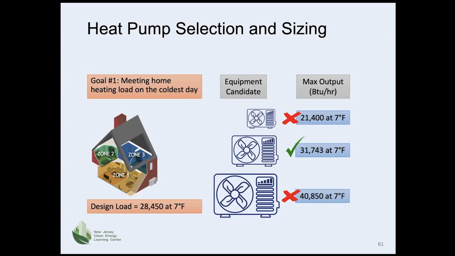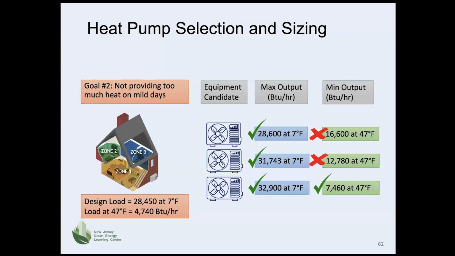And if we look at another one that has a larger capacity of 40,850 BTUs at 7 degrees, it's just probably way too big for the load. So this leaves us with a choice of a heat pump, a specific one that's available at 31,743 BTUs at 7 degrees.